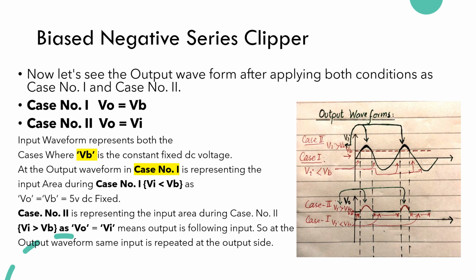At Vout it is represented by black arrows as Vout is equal to Vin. In this case some portion of the positive half cycles follows Vin at Vout, meaning the output follows Vinput. So at the output waveform the same input is repeated at the output side. This is the output waveform after case number 1 and case number 2 conditions in the biased negative series clipper.